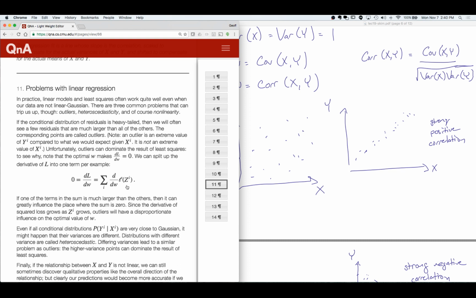And if z_i, the residual on the ith example, is large, well, the derivative of z squared is proportional to z, and so large values of z lead to large derivatives, and so all of the other terms have to compensate a lot in order to make up for one really large residual. All right, so that's outliers.